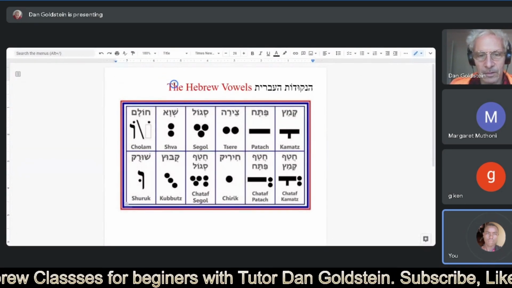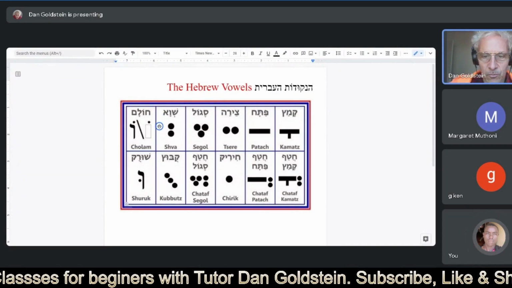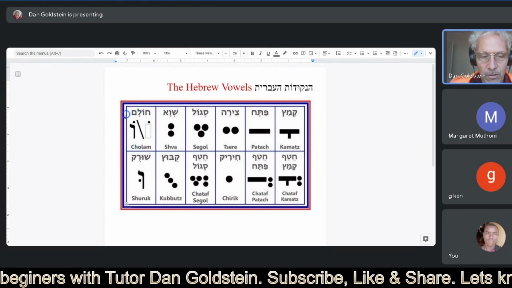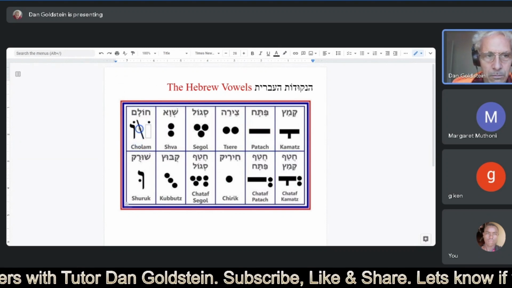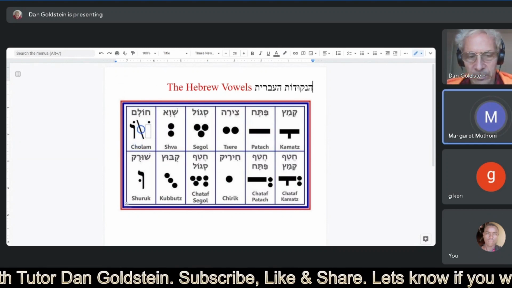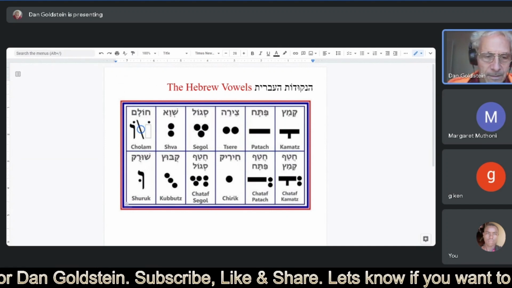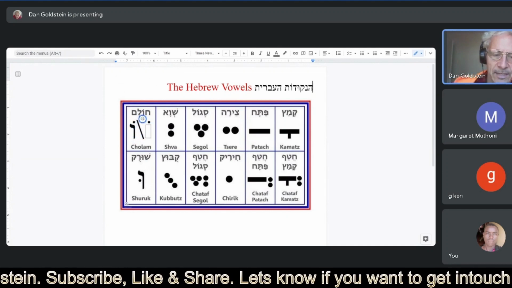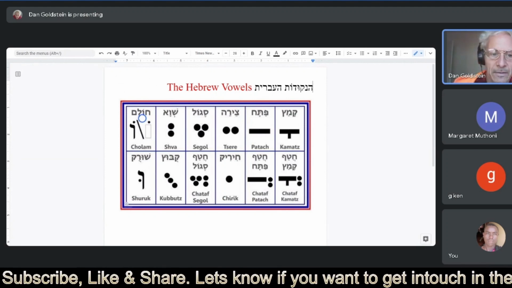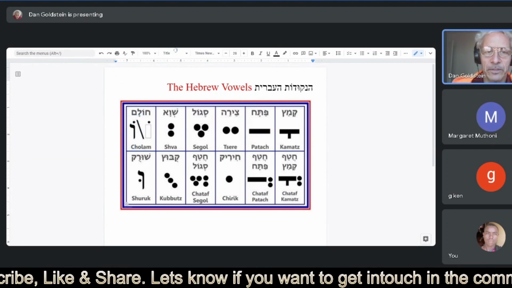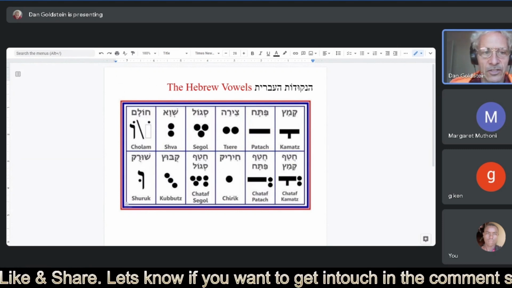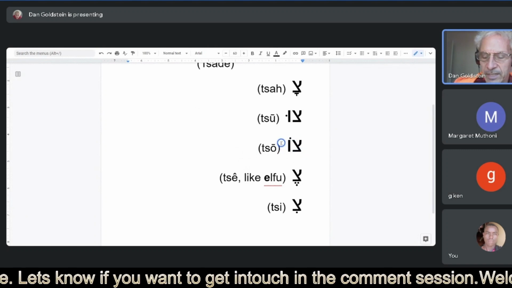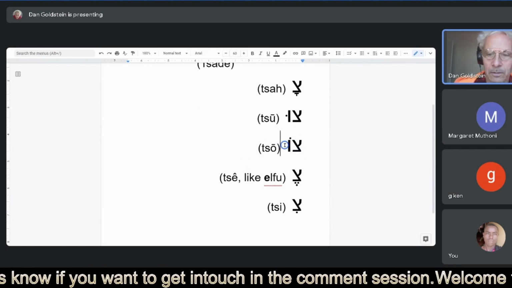So Margaret, here we have the vowel that makes the sound O. We call it a cholam. It's the vav, but it has a dot on top of it. Sometimes it's just a dot on top of the letter. So this cholam, for example, in our introduction to Tsadi, here's that same cholam after the Tsadi, and we're pronouncing it so.